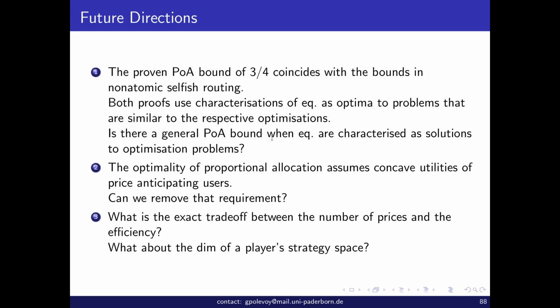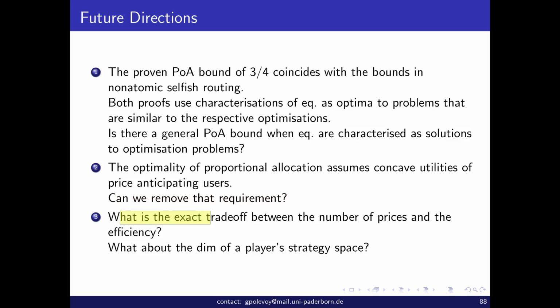Another question is that we assumed, for the optimality of proportional allocations and this definition of calligraphic D, that the utilities of price anticipating users are concave. Can we get away without that requirement? Can we prove what we proved before without that requirement?